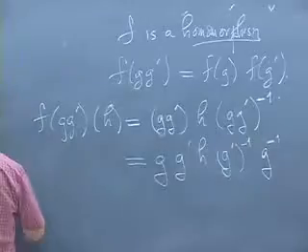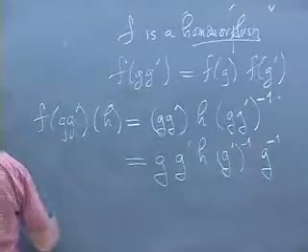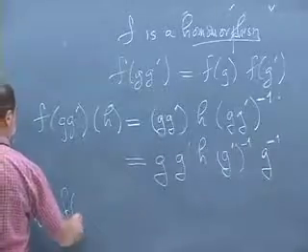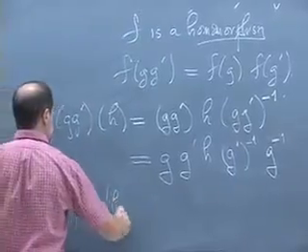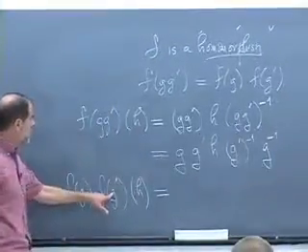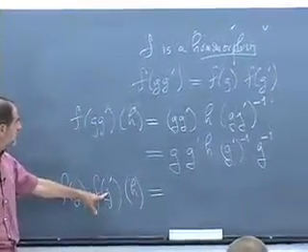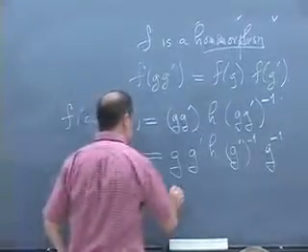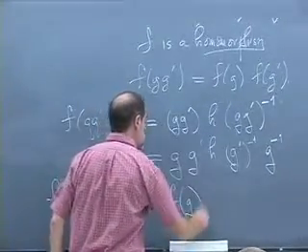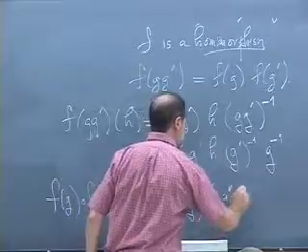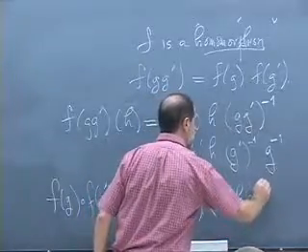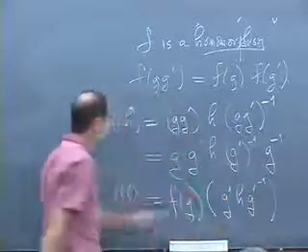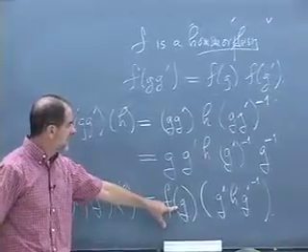On the other hand, how about if we take F of g after F of g' on H? First thing is conjugate by g'. So that would be F of g on the element g' H g' inverse. And this automorphism is conjugate by g.